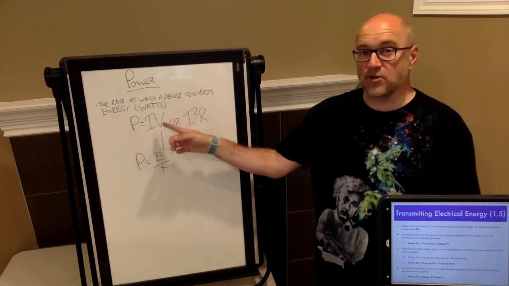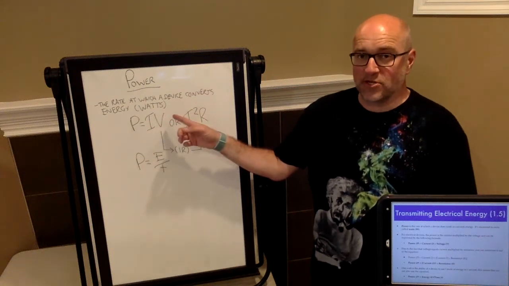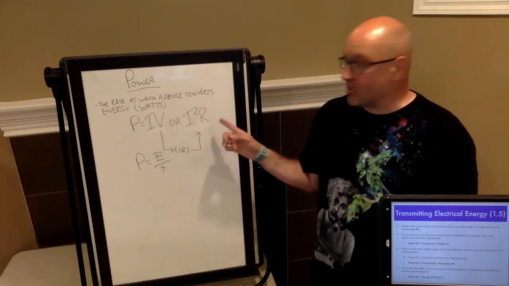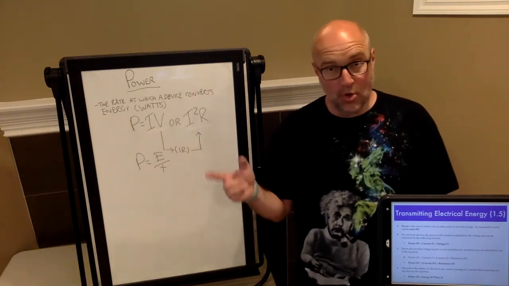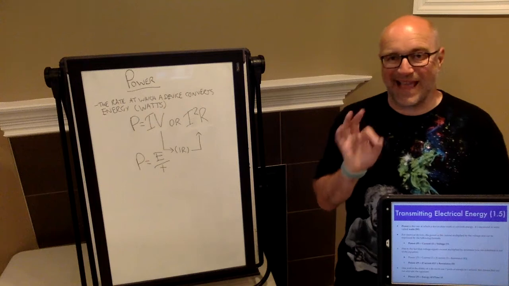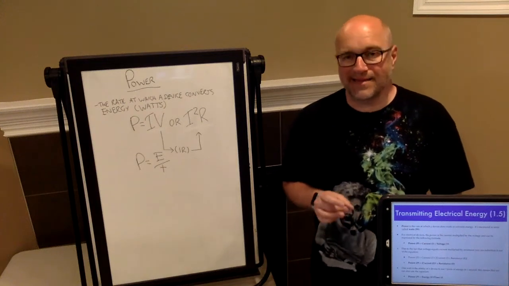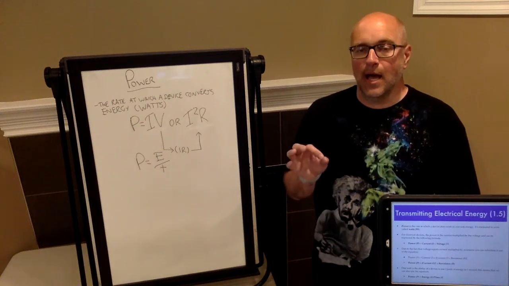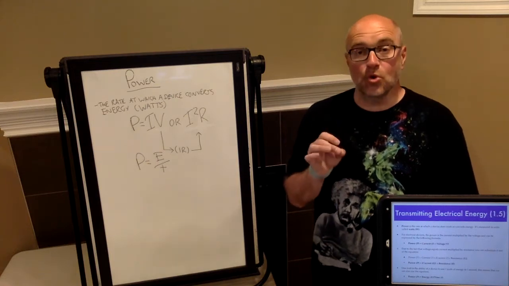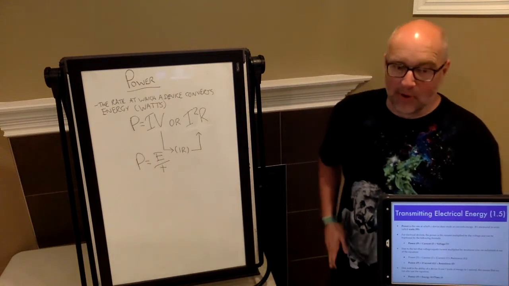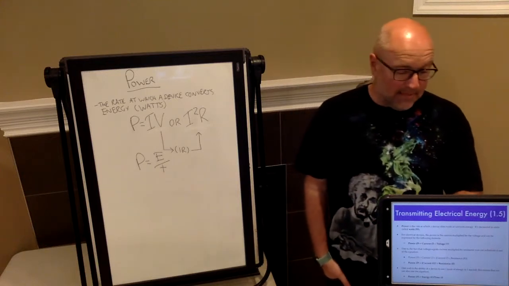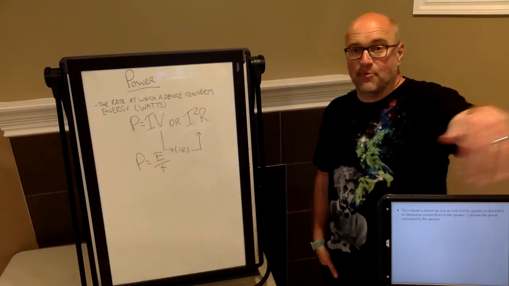Again, current is measured in amps, voltage in volts, resistance in ohms, energy in joules, and time in seconds, because a joule is a watt second, as I'll get to when I discuss energy in a couple of seconds.